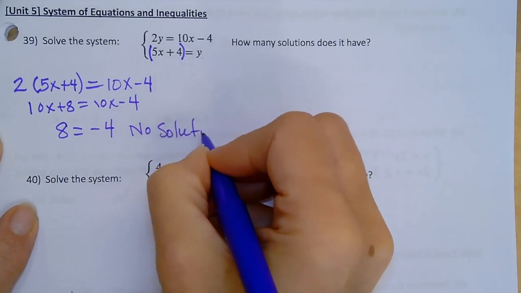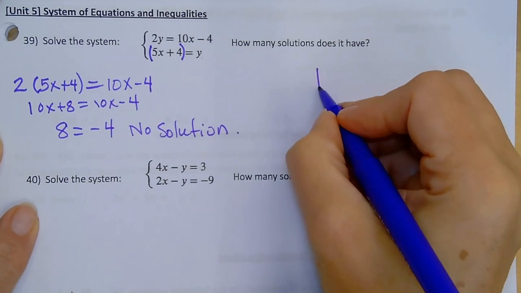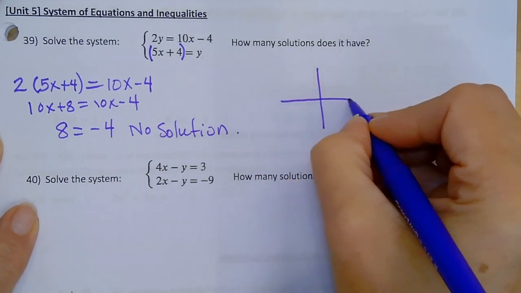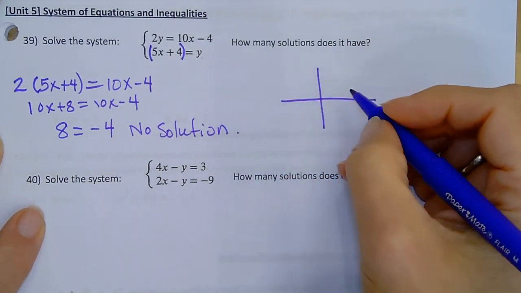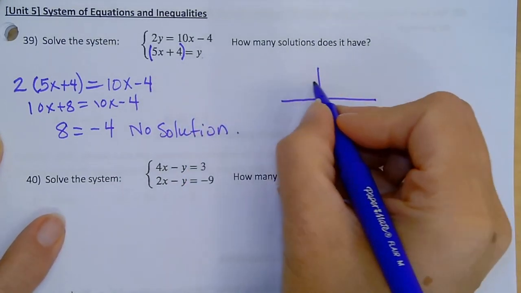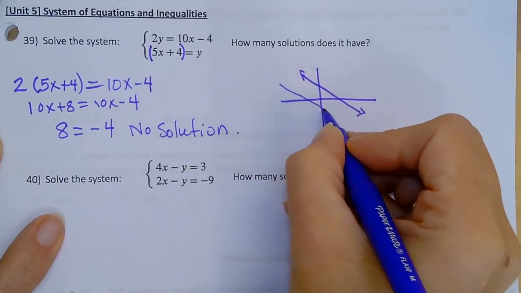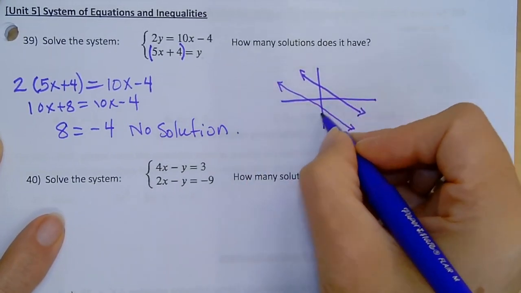So what does it mean when I have no solution? It means that if I were to graph these two lines, and I'm not really going to graph them, but I know that any two lines that are parallel to each other have no intersection.